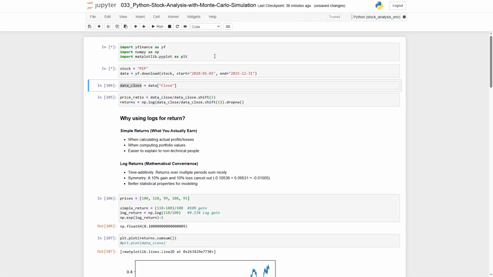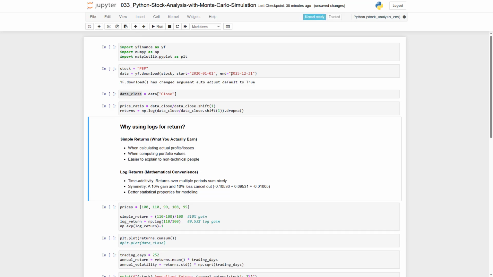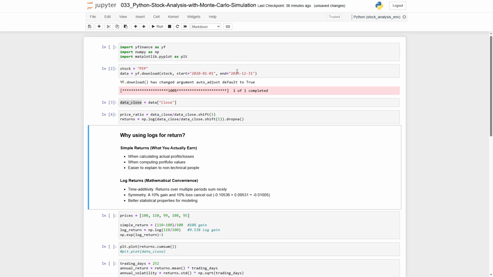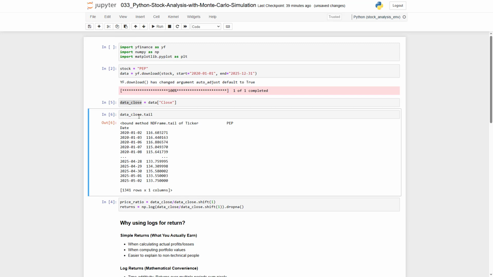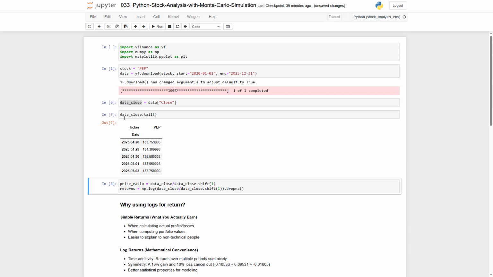So pretty much we downloaded the stock from 2020 up to the current date, up to December 31st. We took the data close. Just let me see whether data close tail would produce actually something. Yeah, produced Pepsi, and it's in USD, in dollars.